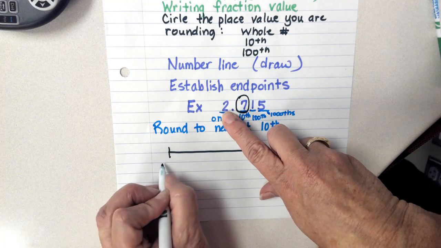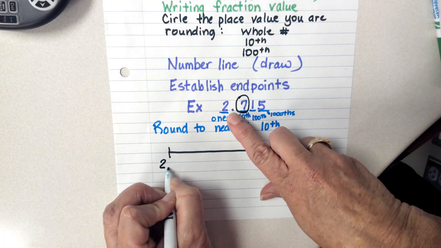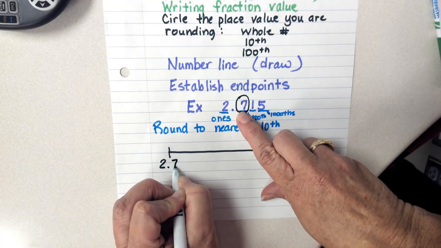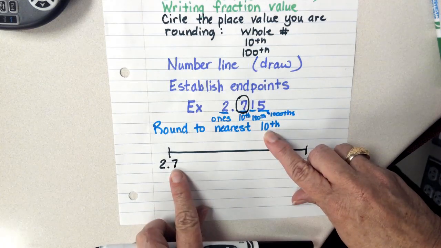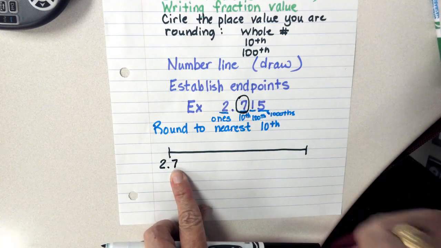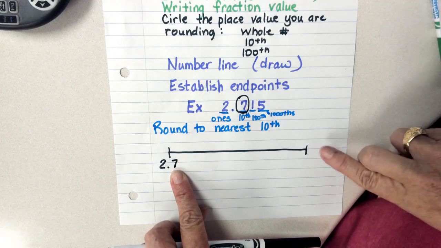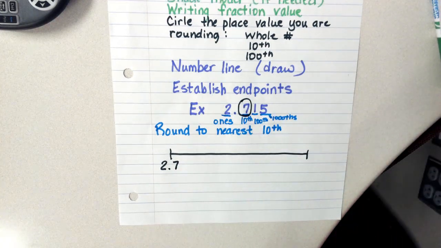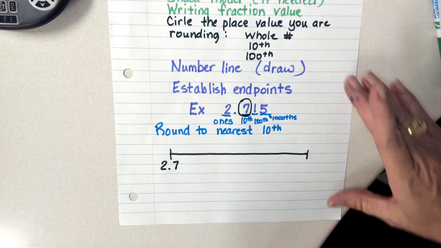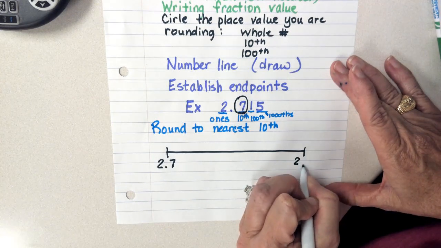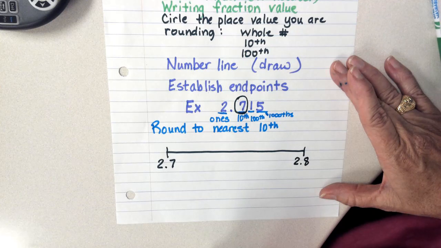You're going to keep the 2, you're going to write the decimal, and you're going to keep the 7. And since we're rounding to the nearest tenth, we have to think about only increasing the tenths place for our endpoint. So what number would come after 7 tenths? Kenzie. 8 tenths. So we're going to have 2 and 8 tenths.